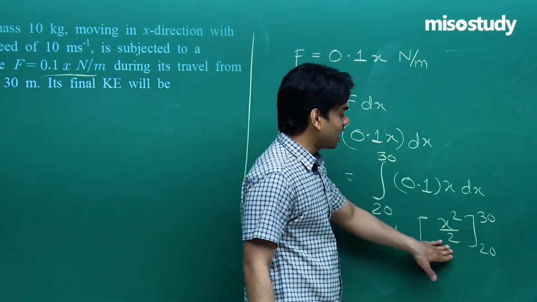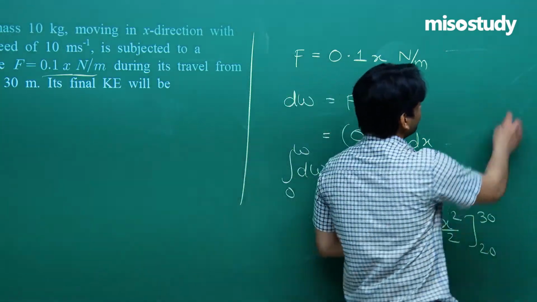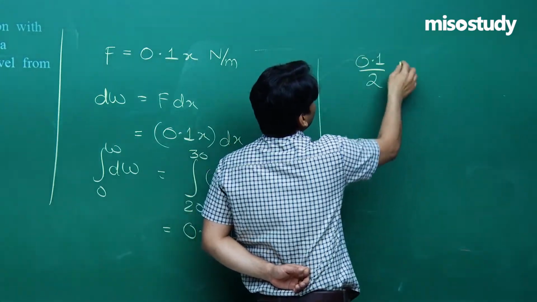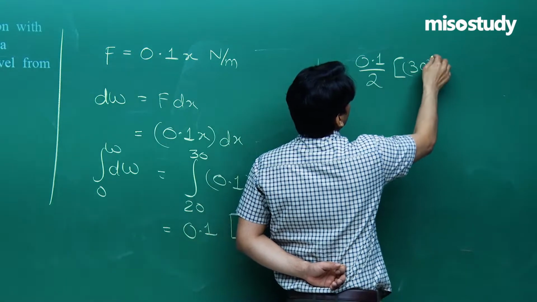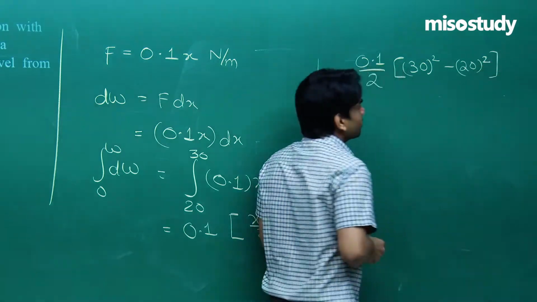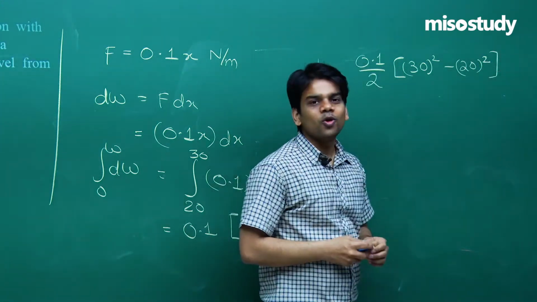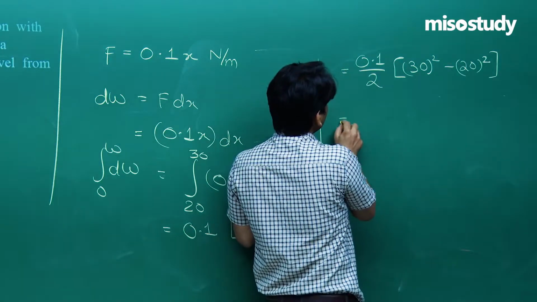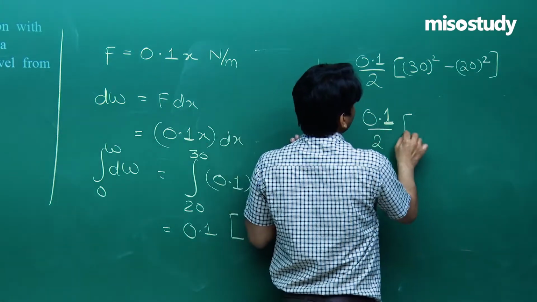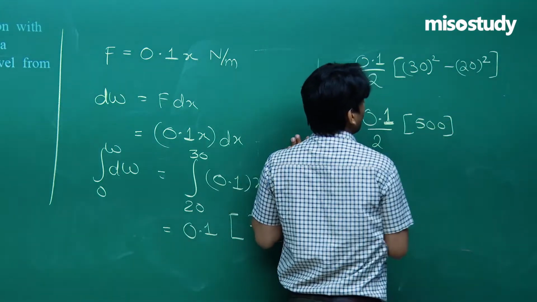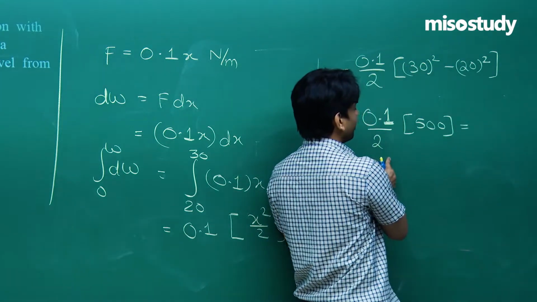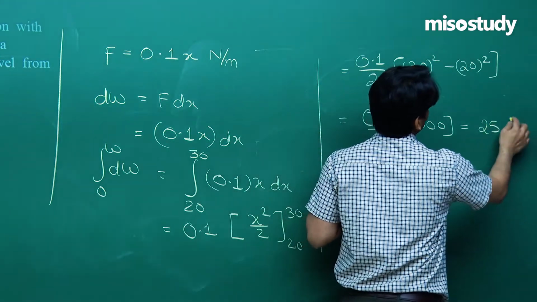I am taking the divide by 2 outside. So we have 0.1 divided by 2 into 30 whole square minus 20 whole square. 30 whole square is 900 minus 20 whole square, that is 400, which gives 500. So this comes out to be 0.1 by 2 into 500, that is 500 by 2, 250. Multiply by 0.1, and you will get 25 joules.